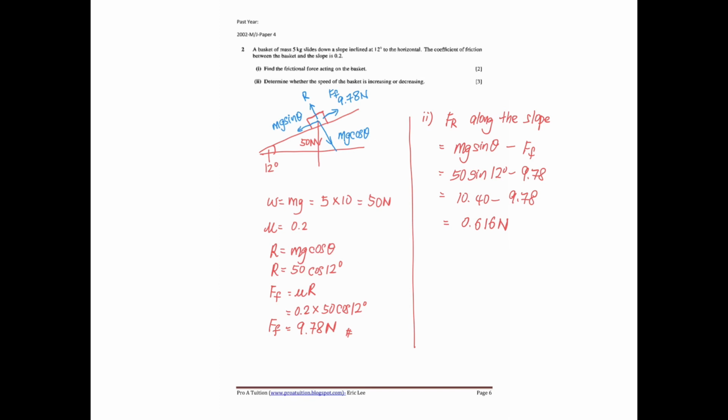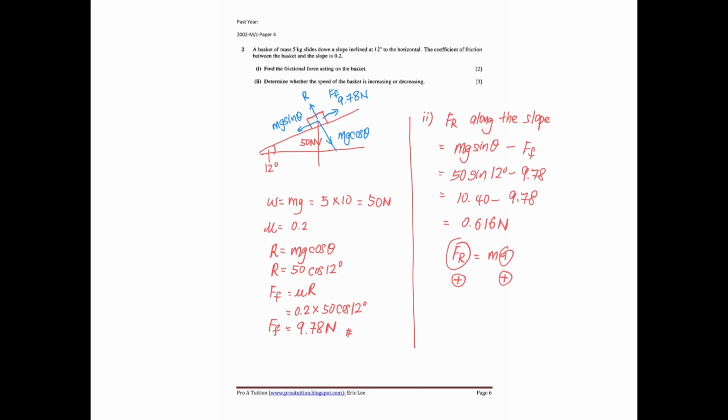If you get a positive value, imagine that resultant force equals ma. If this is positive, a is going to be positive, which means accelerating. If you get a negative resultant force, then your a will be negative also, so that is decelerating.